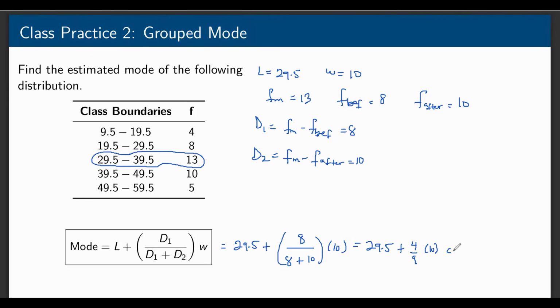And that should give us 33.944. Okay, so this is a modal estimate, 33.944.